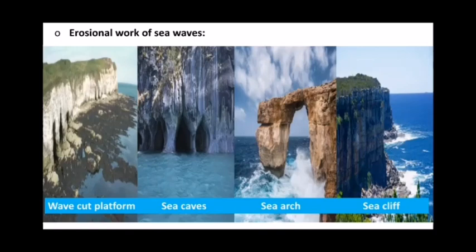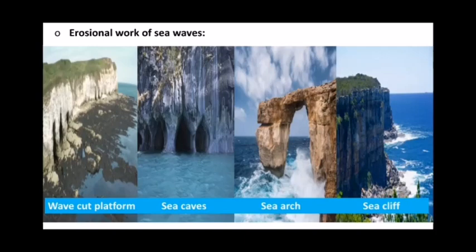Let's see the erosional work of sea waves. When the waves break at the coast, that means when the waves come and hit the coast, they bring with them water and transported stones. It may be from the ocean bed.